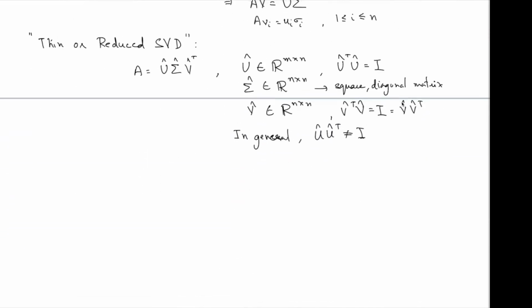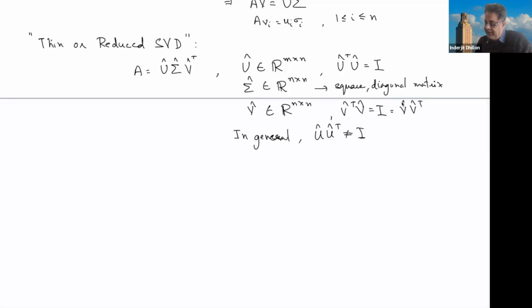Okay, let's do a little bit of manipulation with the SVD. If I have the reduced SVD, A hat equal to U hat sigma hat V hat transpose, what is A transpose?